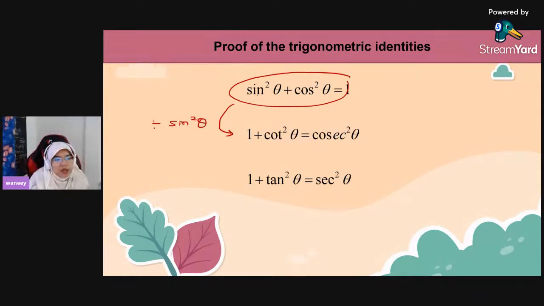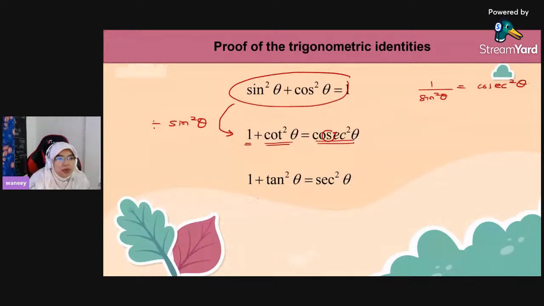Sine square over sine square becomes 1. Cos square over sine square becomes cotangent square. 1 over sine square is simply equal to cosecant square theta.